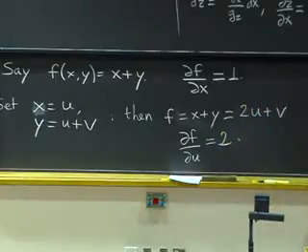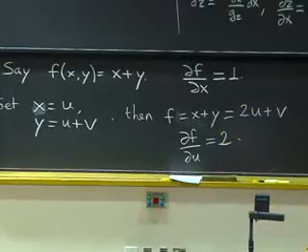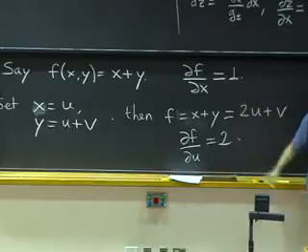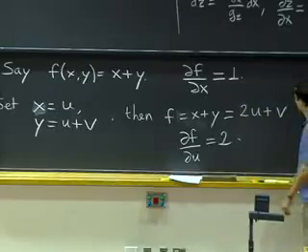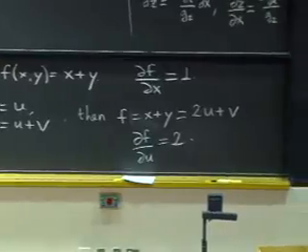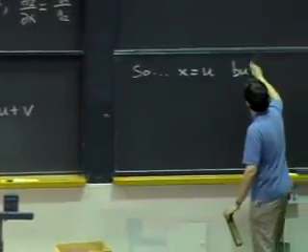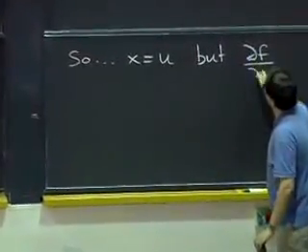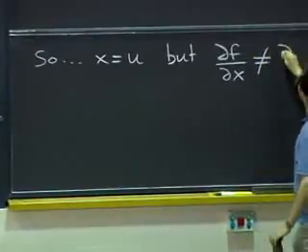So x and u are the same thing. Partial f over partial x and partial f over partial u, well, unless you believe that 1 equals 2, they're really not the same thing. That's an interesting, slightly strange phenomenon: x equals u, but partial f partial x is not the same as partial f partial u.